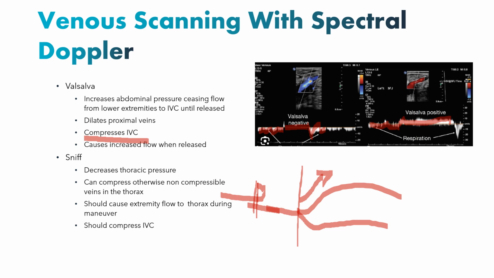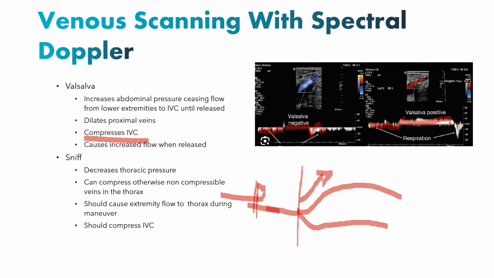Another thing that we can do is called the sniff test. This is something we use more often in the IVC and then in the upper extremities. If you sniff, you have a really quick reduction in thoracic pressure. So if I reduce thoracic pressure and I am counting on my venous arm flow to go into my thorax, by reducing that thoracic pressure, I can actually cause almost an augmentation of that venous flow through the arm.